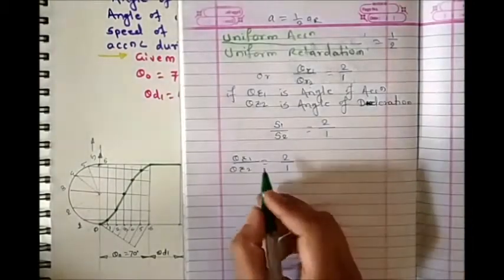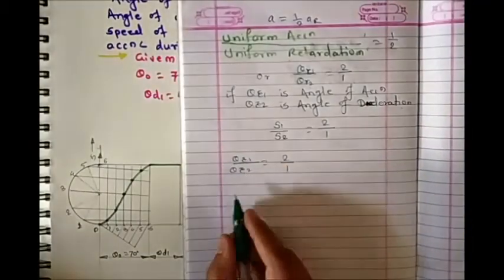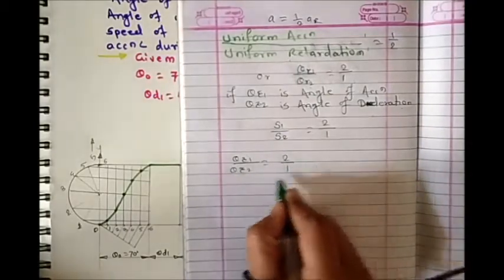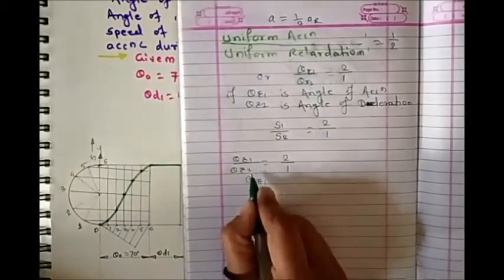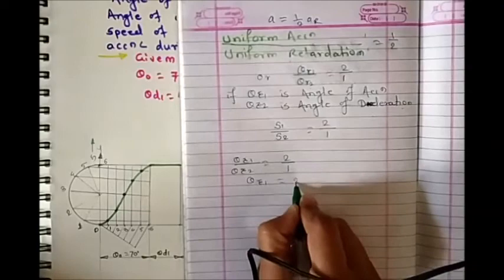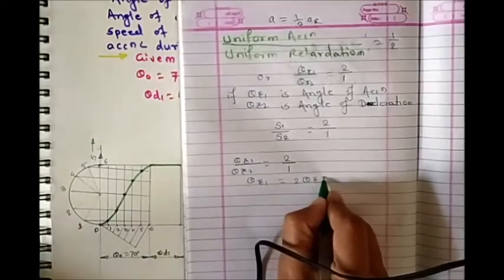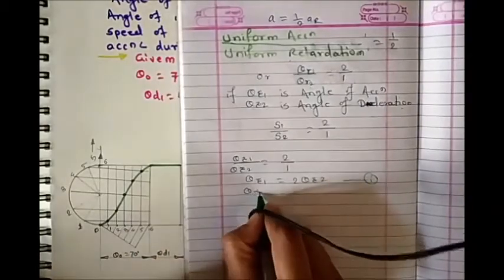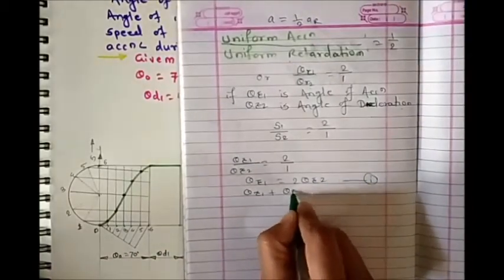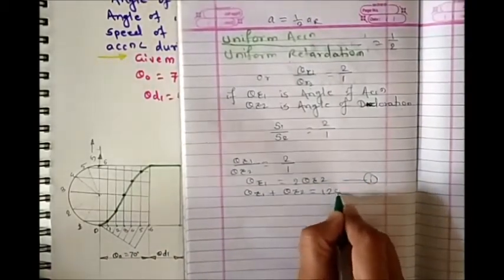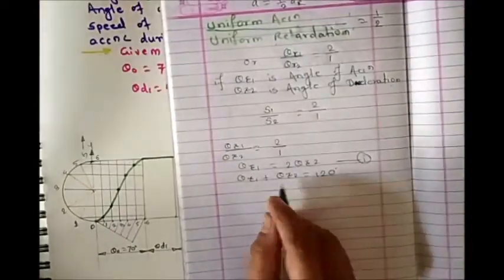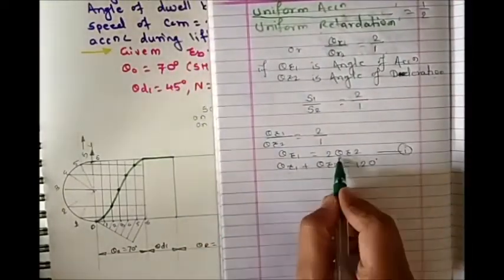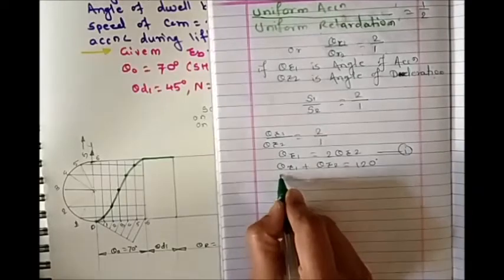So let's calculate first theta r1 and then theta r2. So we have this equation, so from that we can write theta r1 is equal to 2 theta r2. This is equation 1, and we know that theta r1 plus theta r2 is equal to 120 degrees. So let's put the value of theta r1 from equation 1 in this equation.